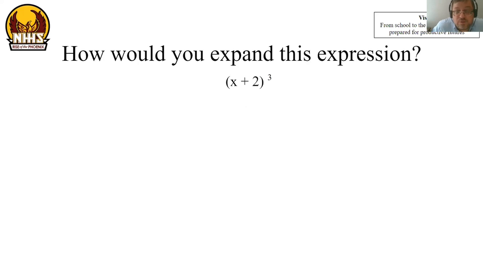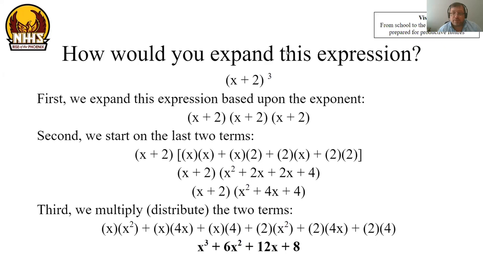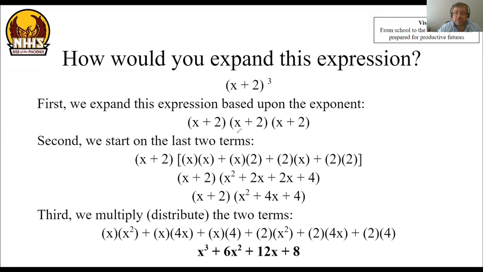Now, this is where it gets a little more difficult. If I worked through this, what you would have to do right now is a more lengthy process. So I want you to look here. You would have to multiply two of the terms together.